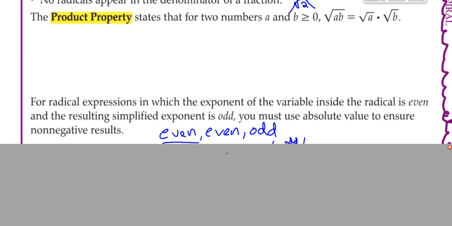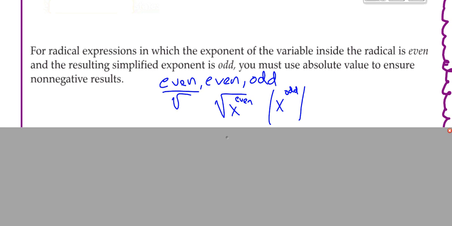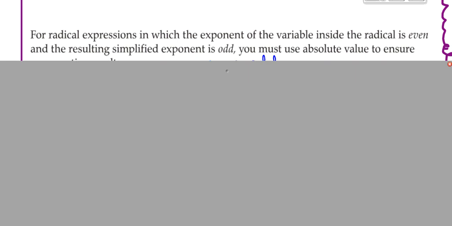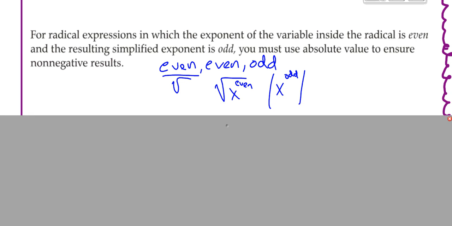Going down on this, for radical expressions in which the exponent of the variable inside the radical sign is even and the resulting simplified exponent is odd, you must use absolute value to ensure non-negative results.